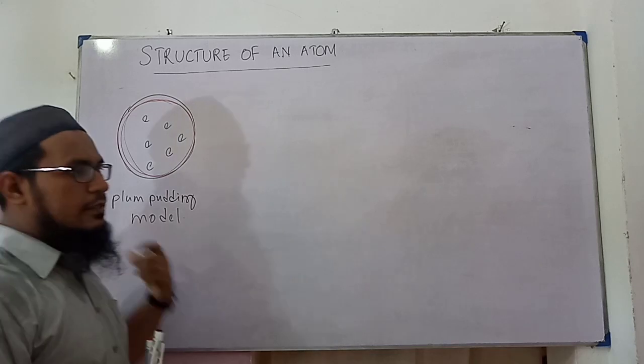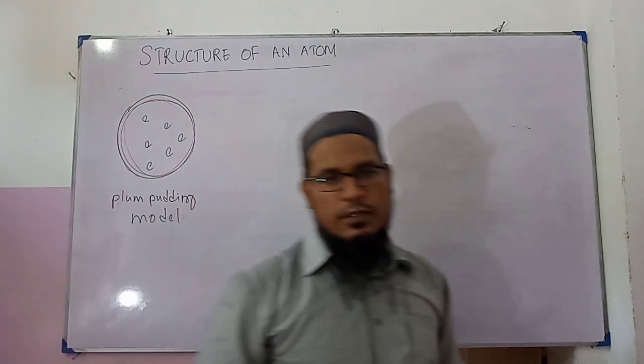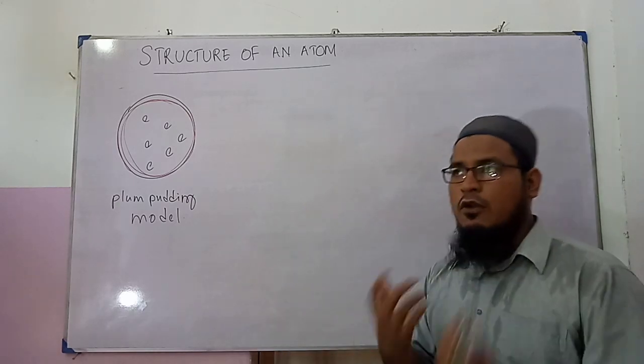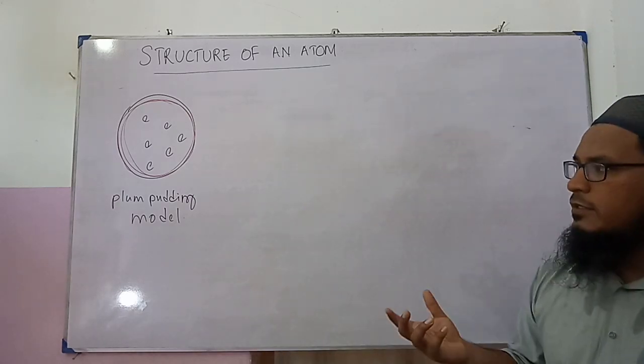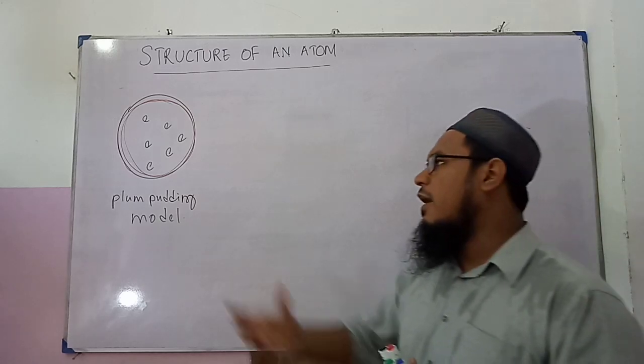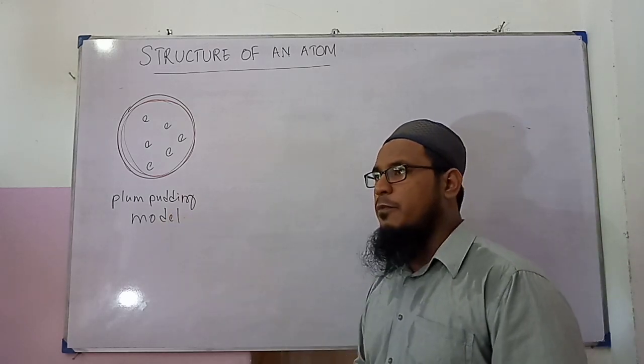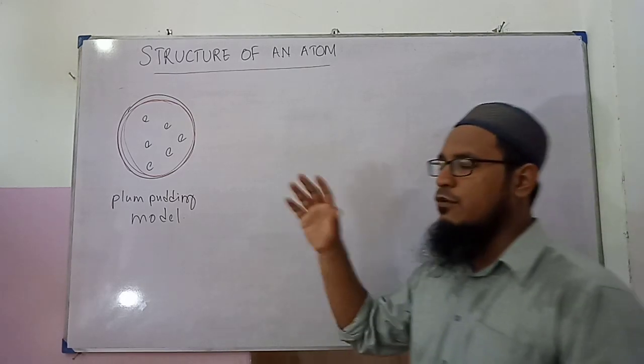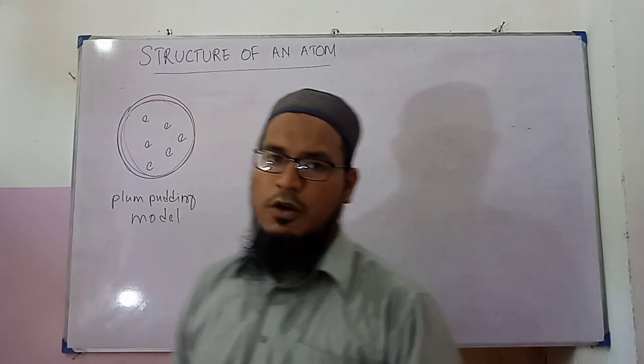But he just came up with this idea. He did not do any research, nor did he do any experiments. He named it the plum pudding model. This does not have a scientific proof, therefore we do not talk much about this model.